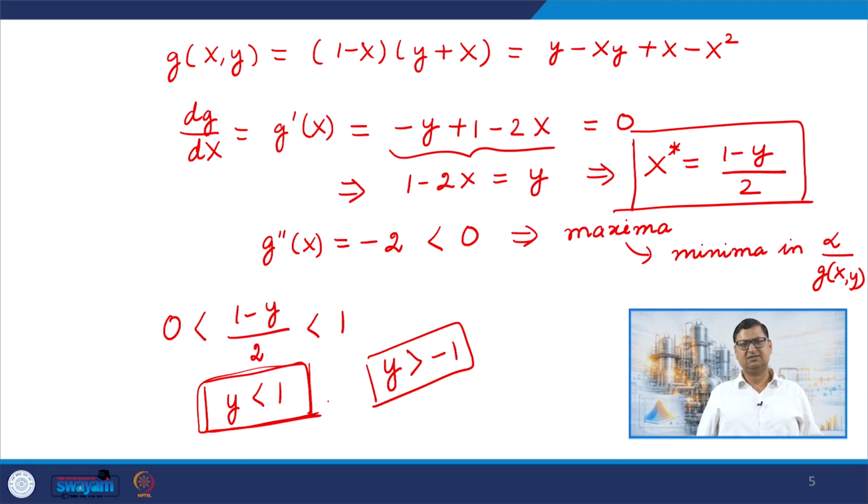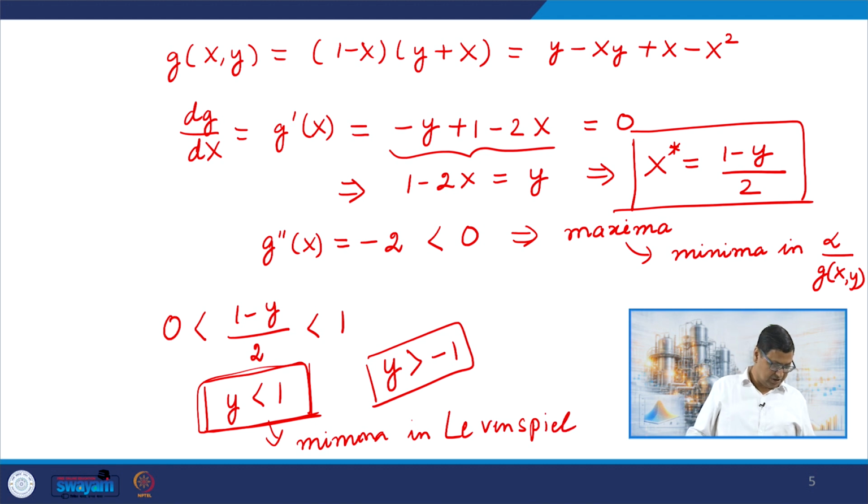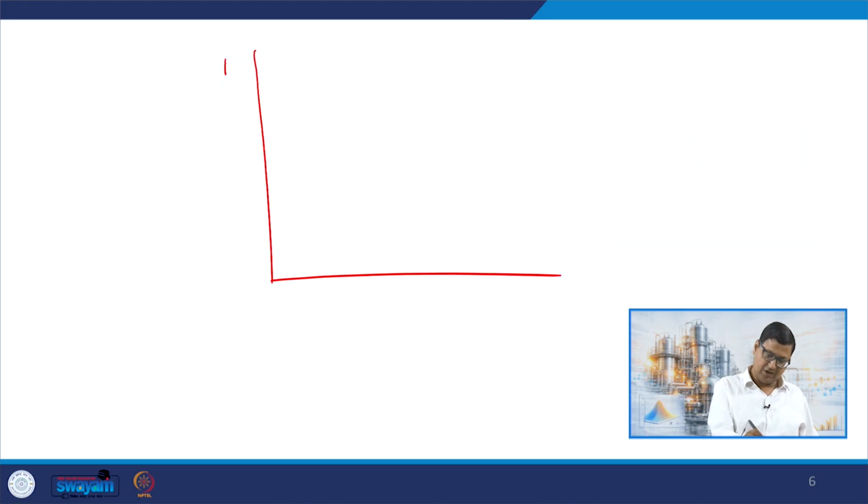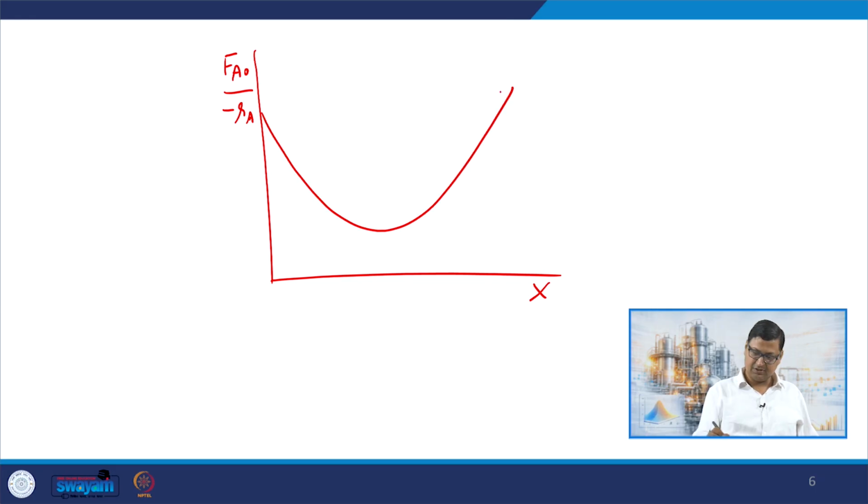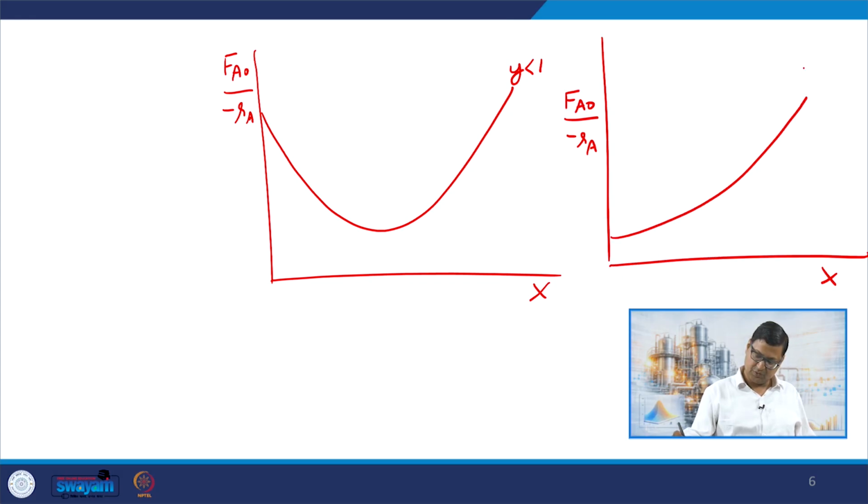So, this is the main important thing. When y is less than 1, in that case we are going to have a minima in the Levenspiel plot, and when y is higher than 1, then in that case we do not have a minima, right. So, let me do these two cases. My F_A0 by minus r_A versus x is going to look something like this when y is less than 1, and then it is also going to look something like that when y is greater than 1, right.